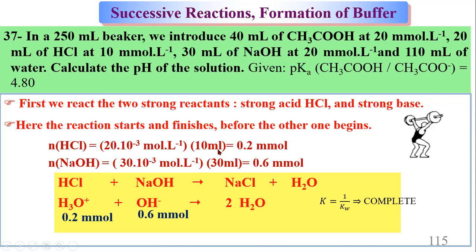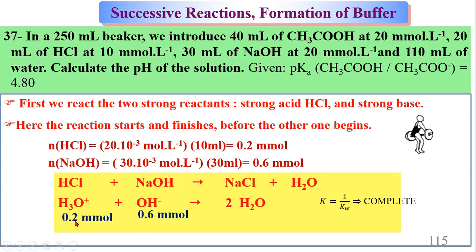I like to keep the volumes in milliliters and keep the concentrations in moles per liter, and then we get millimoles, just because I don't have to put times 10 to the minus 3 each time. But of course, it's up to you. You can also use mole per liter times liters, but then you have to multiply by 10 to the minus 3.